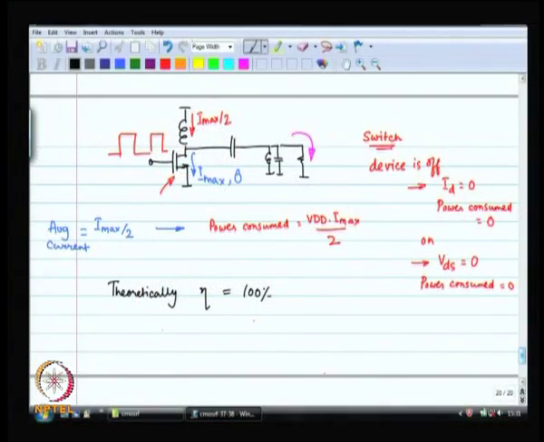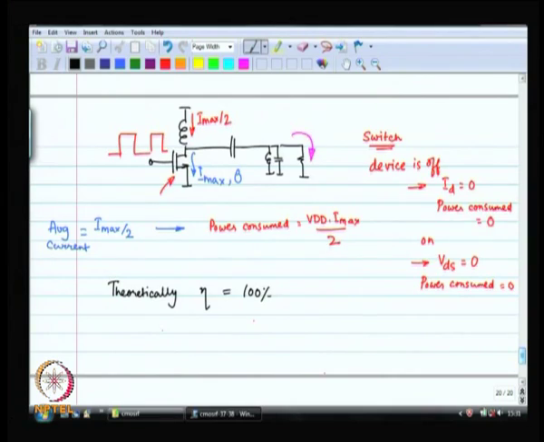There is a little bit of a flaw here, quite a few flaws. First of all, there is no such thing as a perfect switch. Okay. So, in the absence of a perfect switch, the MOSFET is going to consume power and therefore, the efficiency is never going to be 100%.